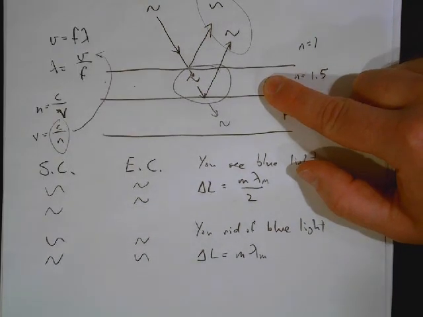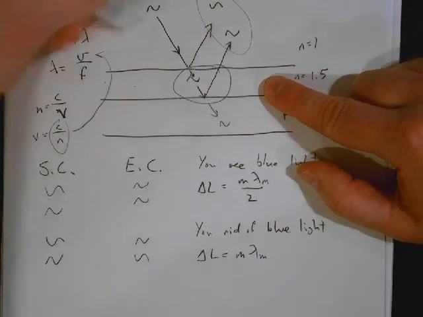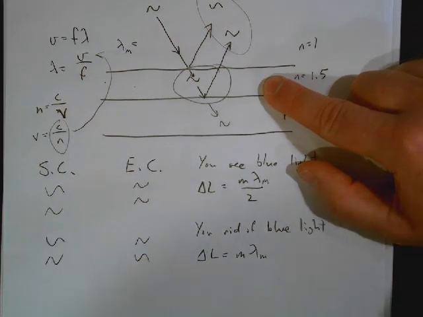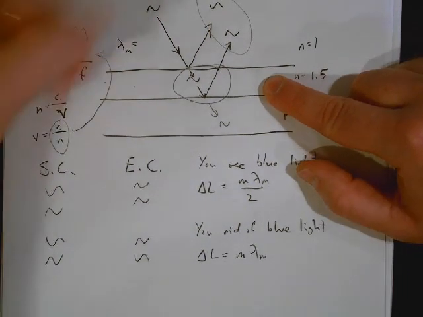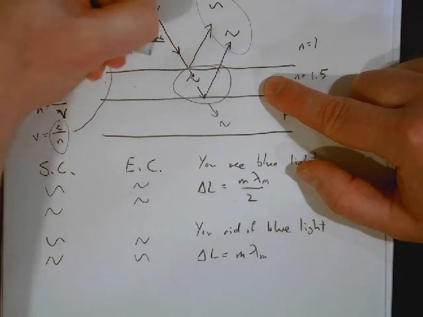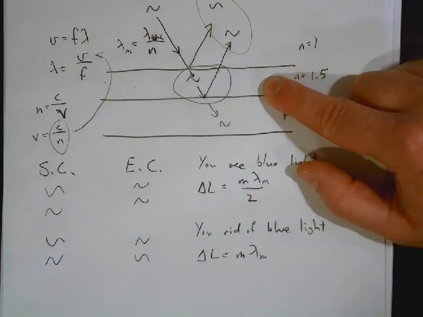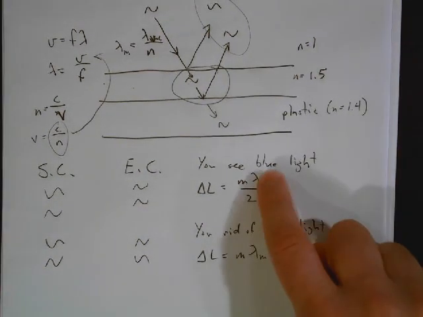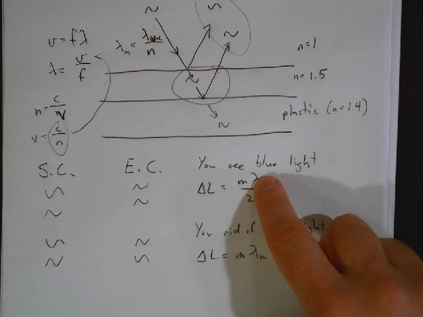And if I solve for v, I get v equals c over n. And I plug stuff in. I'm going to end up with the wavelength in the medium. I'm going to skip a couple steps here, but just trust me on this, it is equal to the wavelength in a vacuum divided by the index.